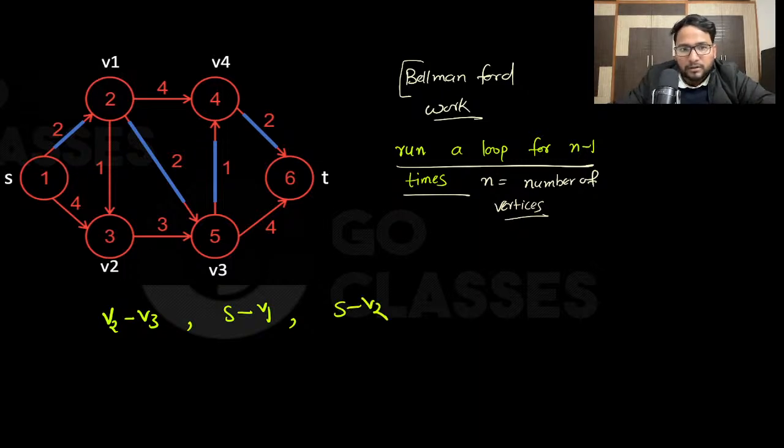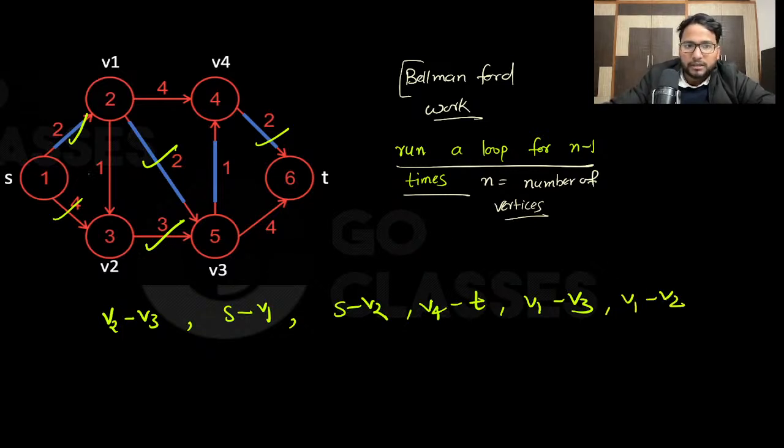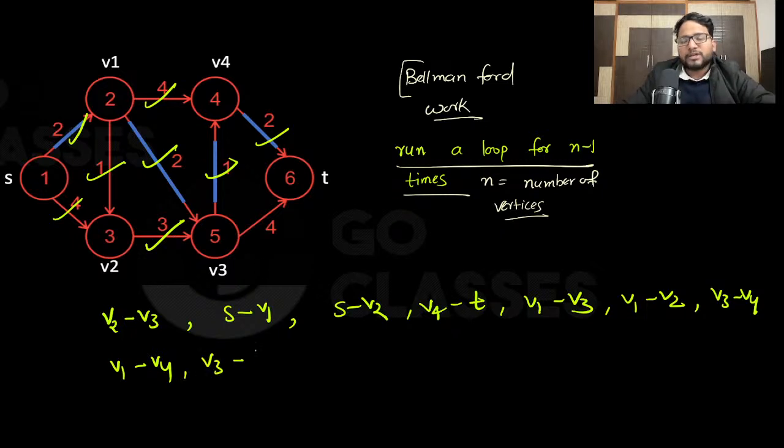So B2 to B3, this done, S to B1, this done, S to B2, this done, then B4 to T, then B1 to B3, and then B1 to B2, and then B3 to B4, and then B1 to B4, and then B3 to T. So what I'm saying is that suppose I don't know in what order I need to relax.